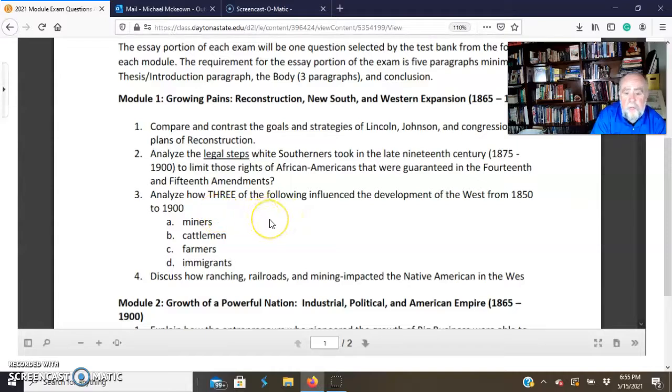And you write something like, well, the development of the West was highly influenced by miners, cattlemen, and farmers. Well, that's just a restatement of the prompt. Tell me specifically, what did miners do? What did cattlemen do? What did farmers do? The best way to write a thesis statement is to actually answer the question in that one paragraph.